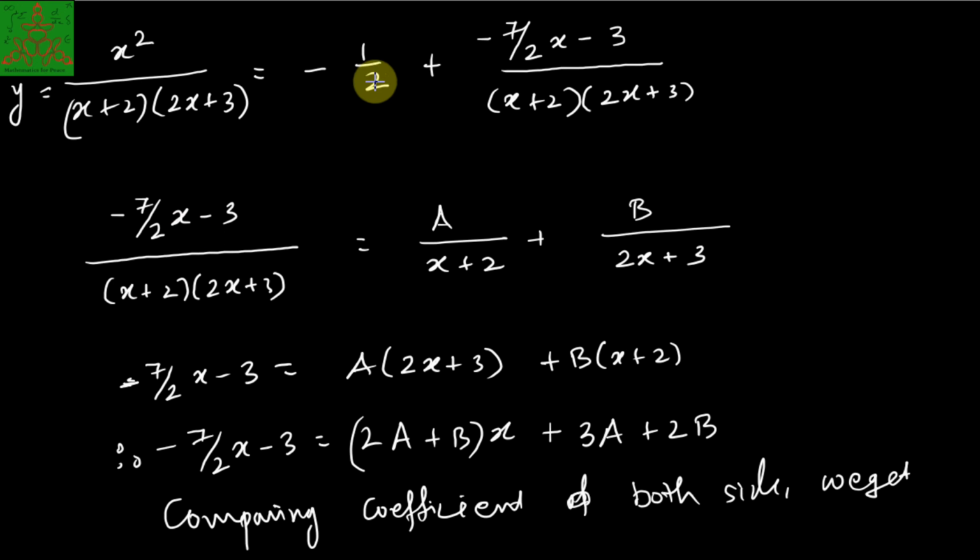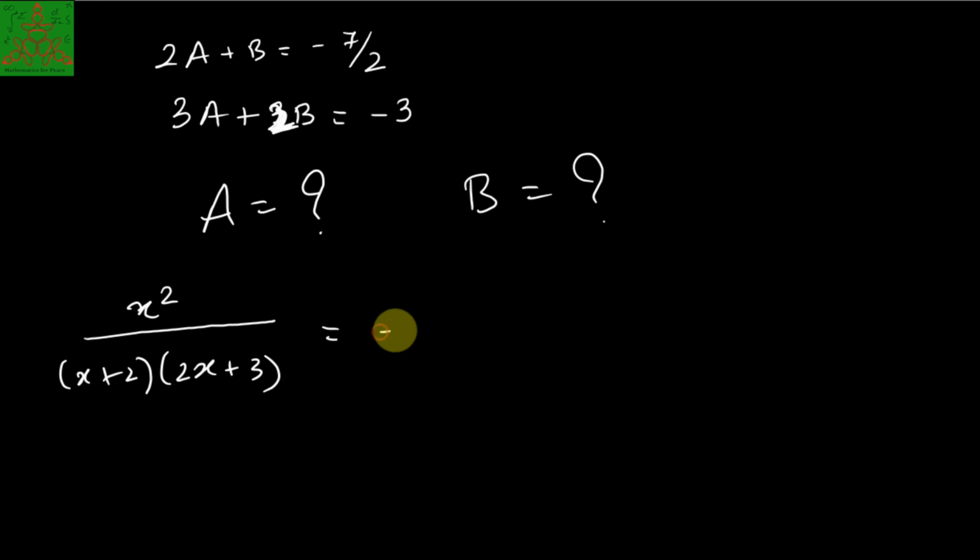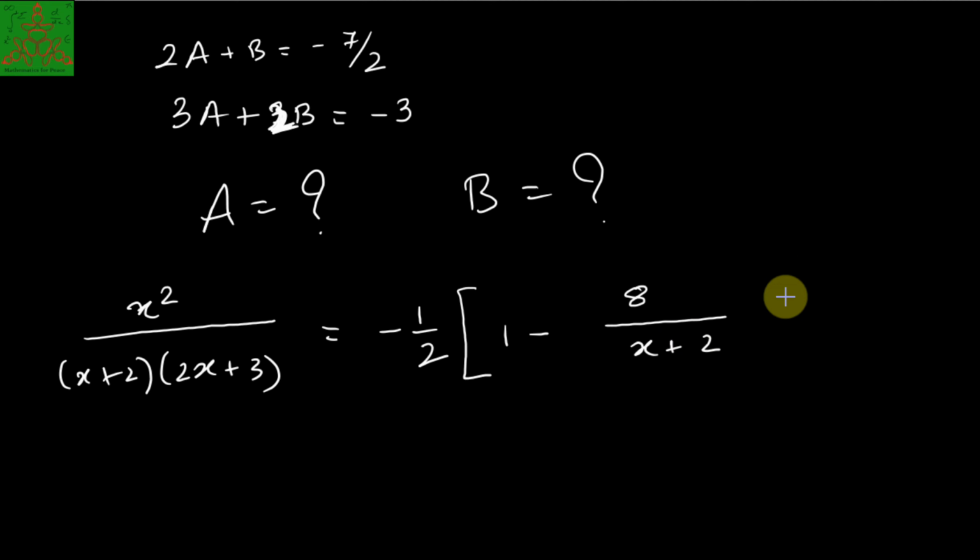It is minus 1 by 2 that I am taking out, and you will be left with minus 1 into 8 upon x plus 2 plus 9 upon 2x plus 3. So this is the expression of x square upon x plus 2 into 2x plus 3. This is my function y.